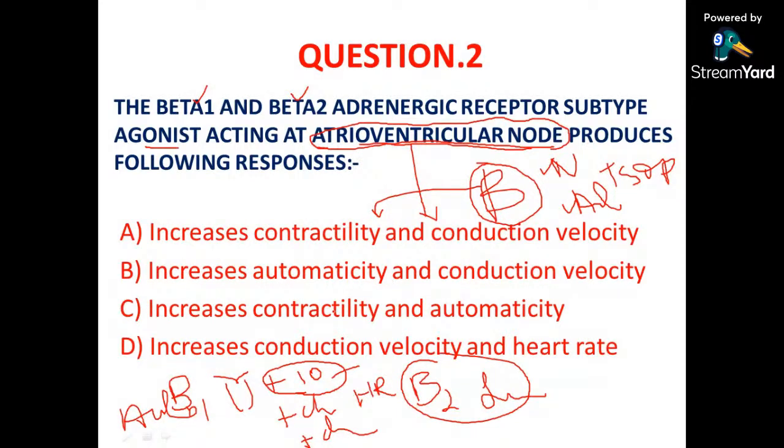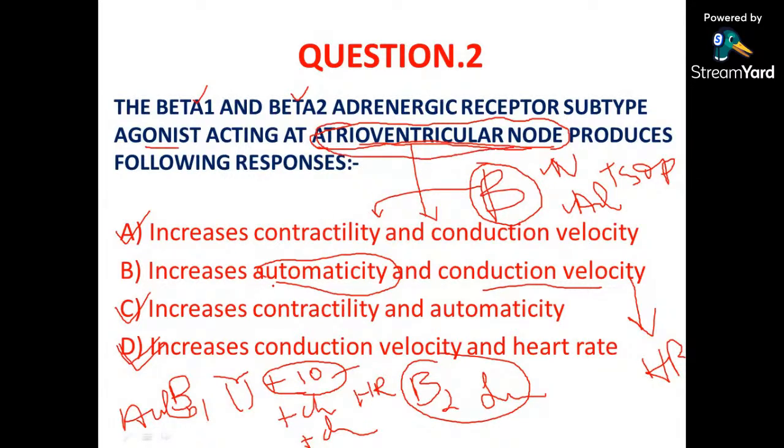So from these options, especially in the atrioventricular node, the beta 1 actions will increase automaticity, and through that it increases conduction velocity, and through that it increases heart rate. Actually, all these actions were seen with beta 1 agonists, but particularly on the atrioventricular node, automaticity action is seen. That is the answer he wanted from us. So the correct answer is B. B is the correct answer.